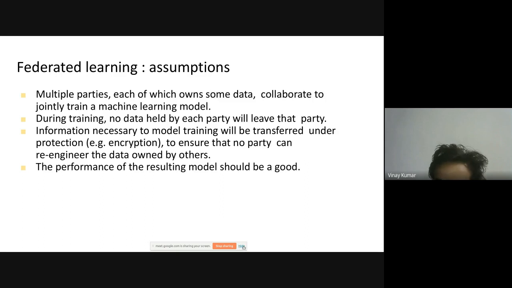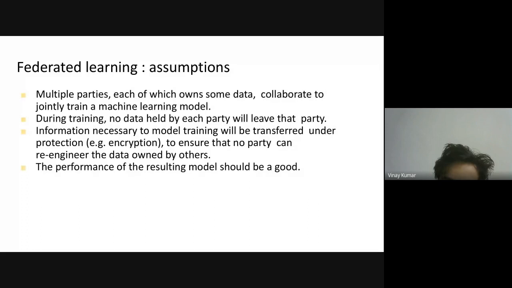The first one is that there should be multiple parties, each of them will have some data, and that data is private to them, and they are eager to collaboratively join in a training program. So this is the first assumption.